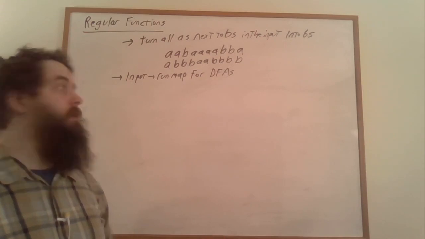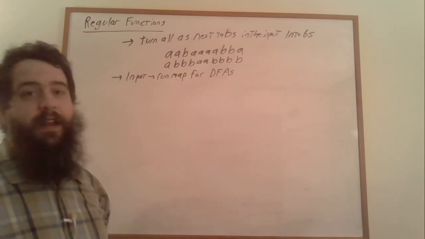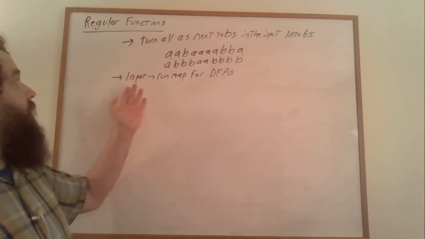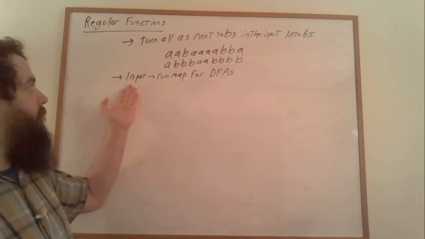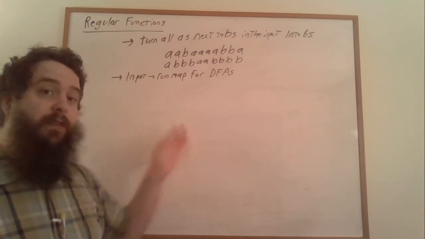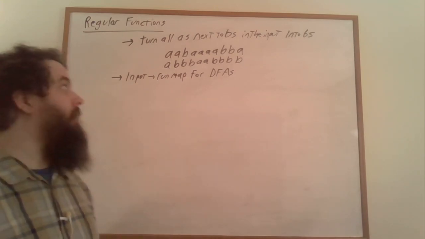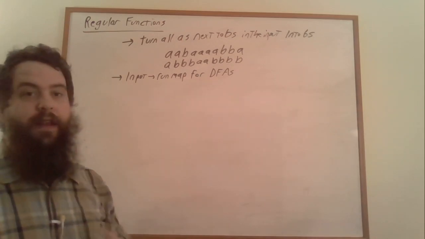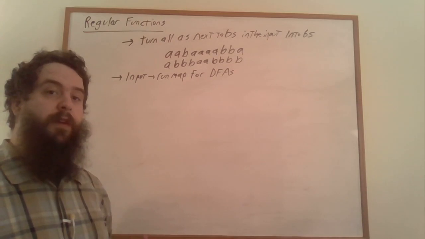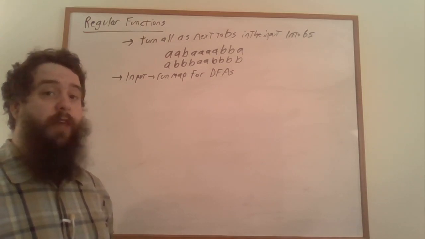Another thing that we can do is take any deterministic finite state automaton and construct a regular function from it that takes in an input and outputs the run that we would get, the sequence of states that we would wind up being in for that particular finite state automaton. For instance, suppose we have a finite state automaton that has an input and a run that looks like this.